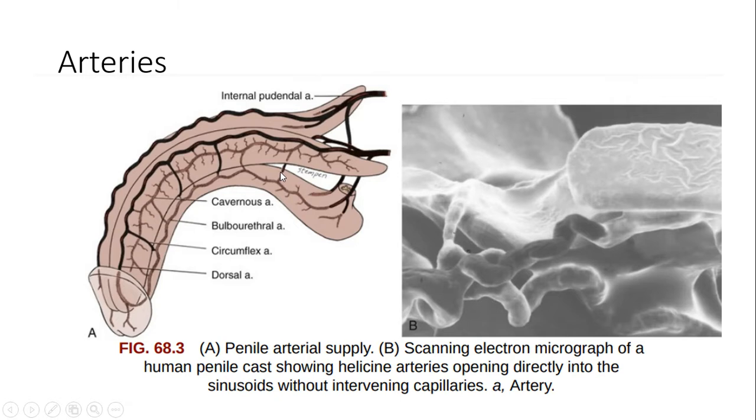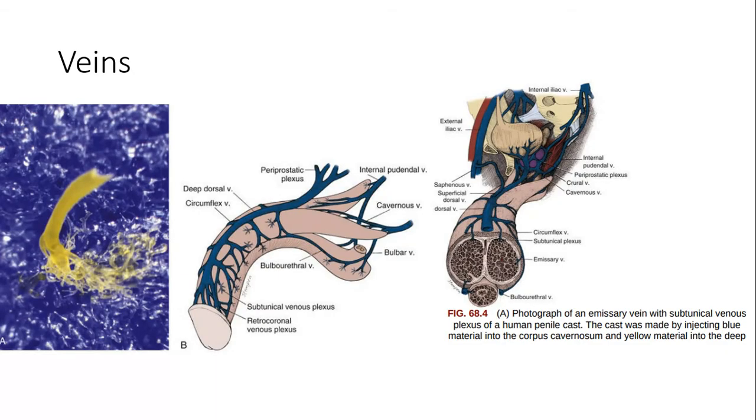That's why during erection not only the corpora cavernosa are enlarged, but also the corpus spongiosum is a little bit enlarged, but not as much because it doesn't contain such deep capillary lining embedded inside.